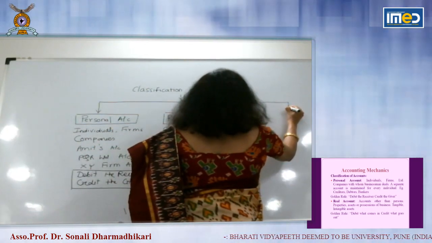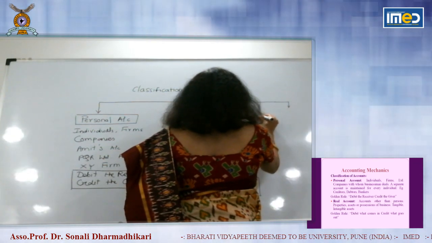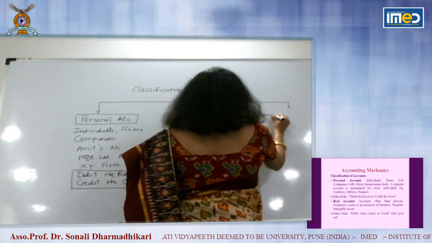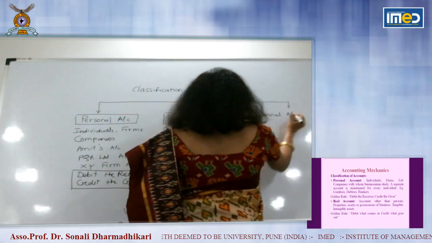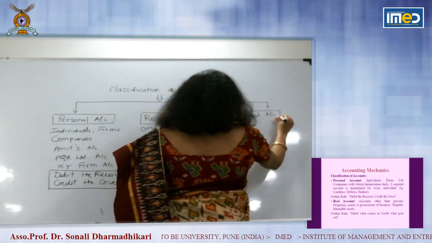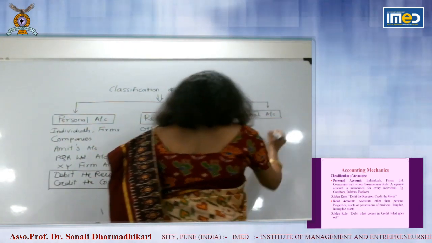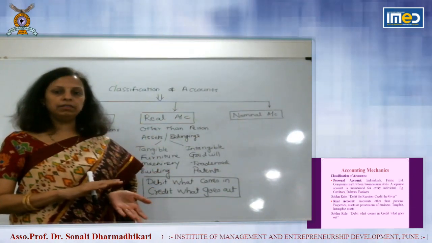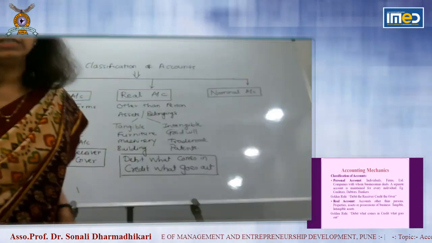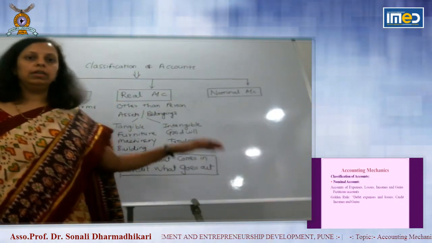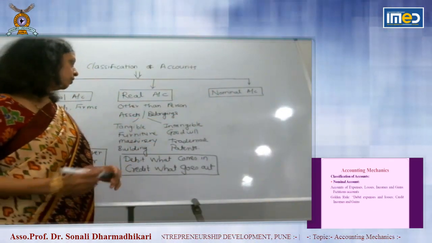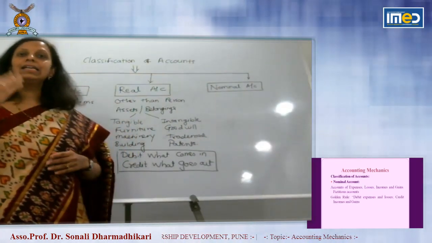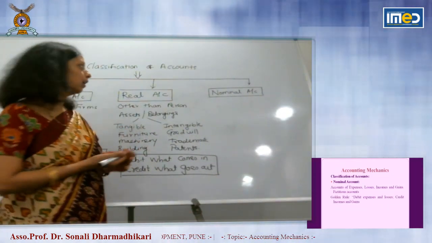Now the last and third type of account is nominal account. The account which is not person, which is not real, is nominal account. These are called fictitious accounts because they are created for the purpose of accounting.